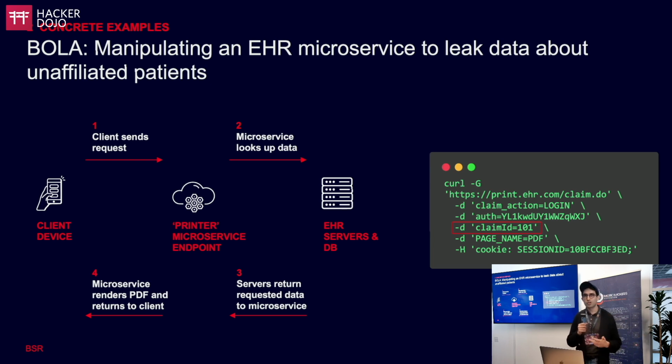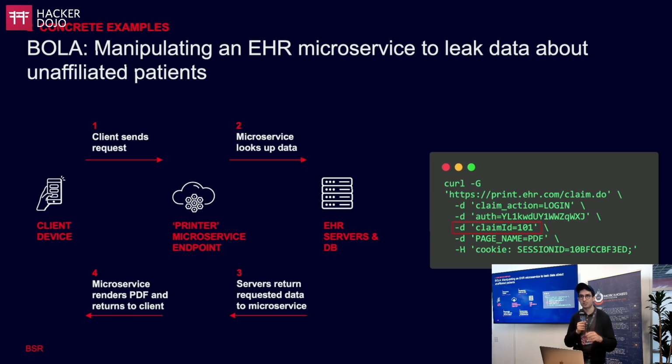Now, what's really nice about this EHR is they've built in a lot of functionality that makes it easy to use for practice owners. So if you're a back office admin or a front desk receptionist at a practice, one of the things that's really nice is you have the ability to go into a patient's record and look up all of the claims history that they've had with your practice. And there's a nice little button on that UI that you can click that's called print. When you click that print button, it kicks off a request to an endpoint that is a printer microservice.